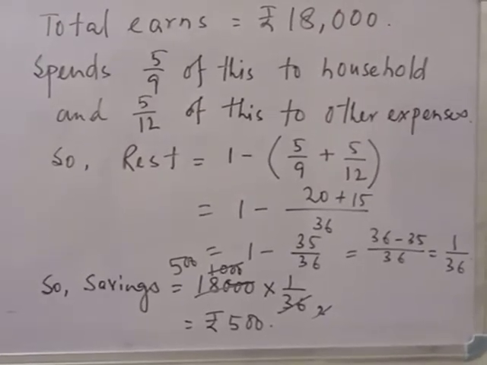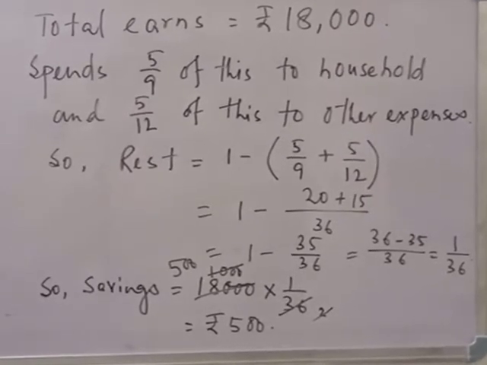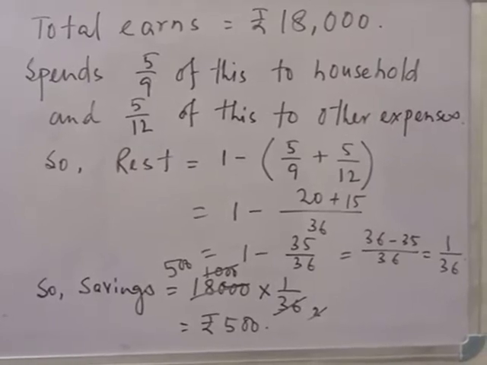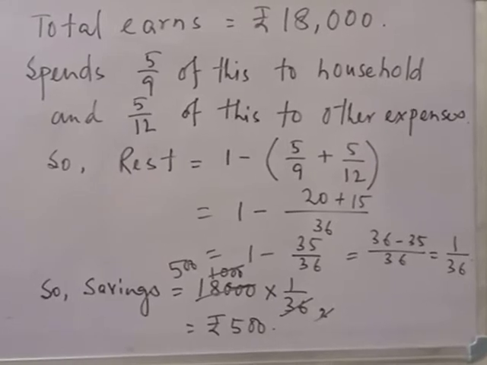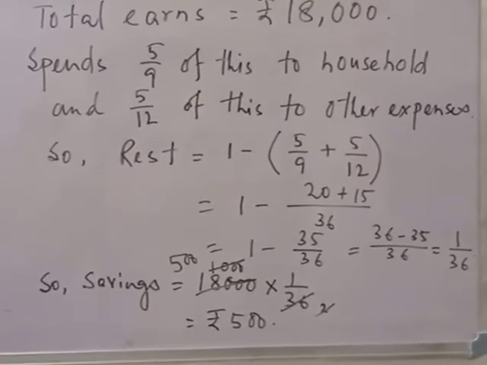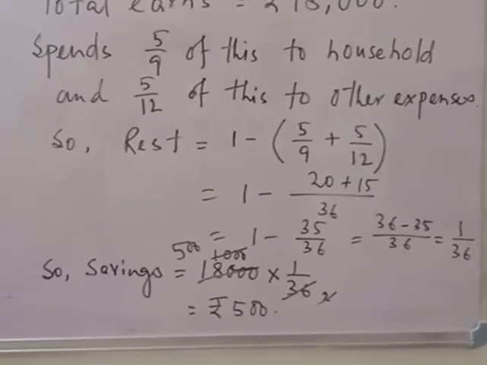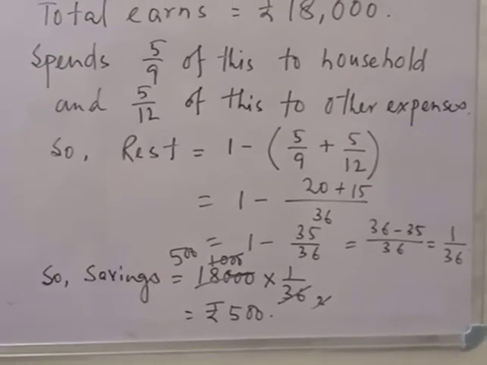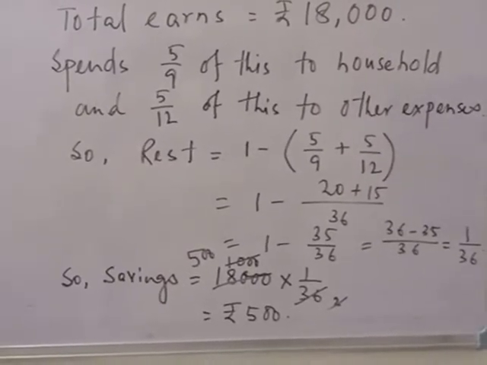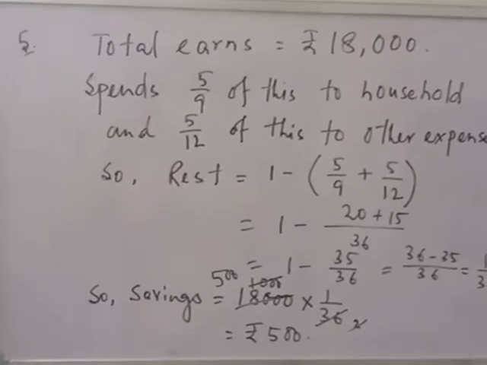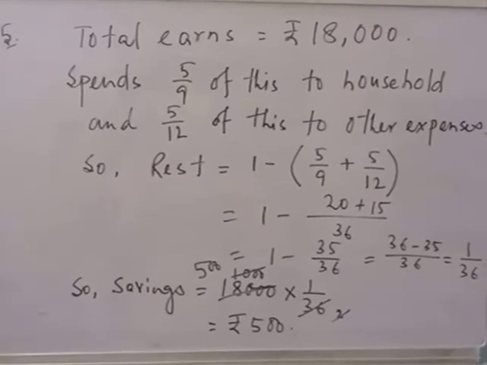After taking the LCM of 9 and 12 we get 36. So 20 plus 15 by 36, 35 by 36, then again with the same process we find 1 by 36. So this is savings. So savings is 18,000 into 1 by 36, that is rupees 500, after cancelling. Okay, so 500 is the total savings amount. Okay, this is number 5.